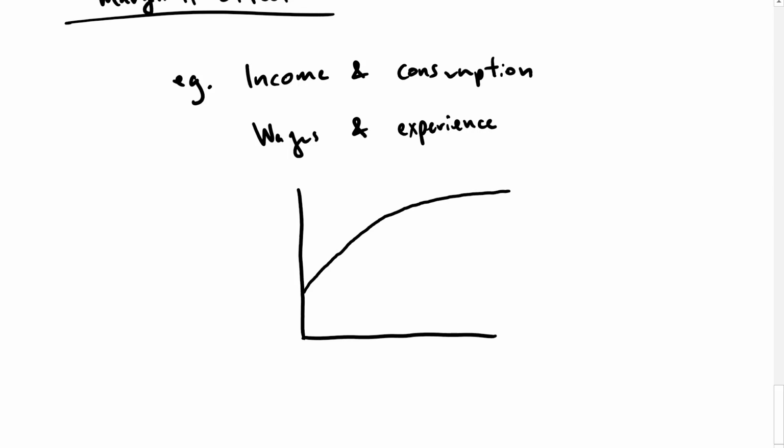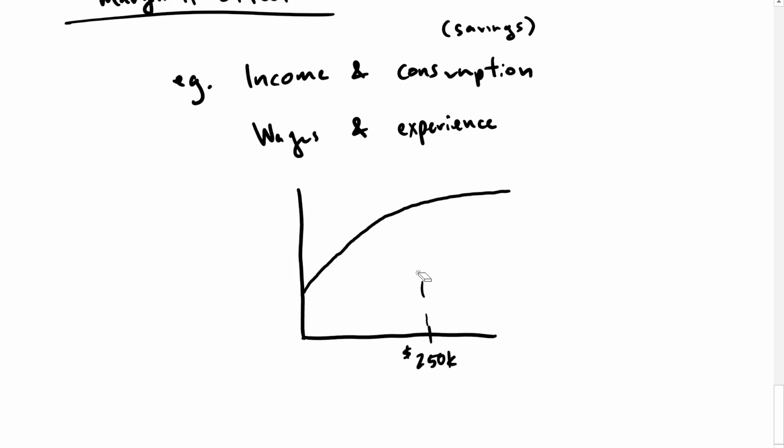Same thing with consumption. Once you start making more money, you're going to start increasing your consumption, but once you're making super rich and you've got already a $250,000 salary, now maybe you'll increase your consumption a little bit, but it's mostly going to be going into the substitute, which would be savings and investments.